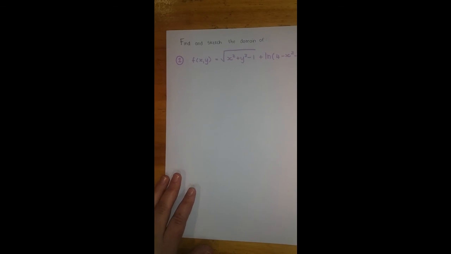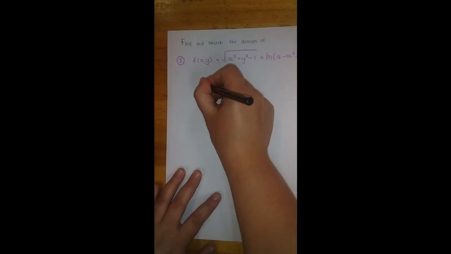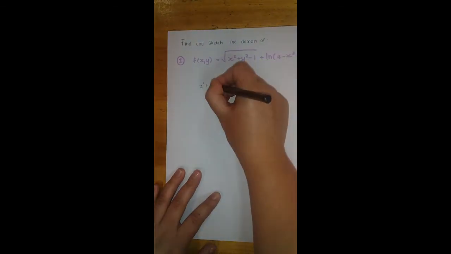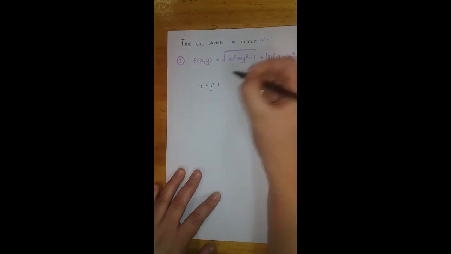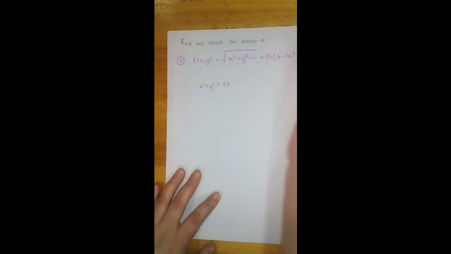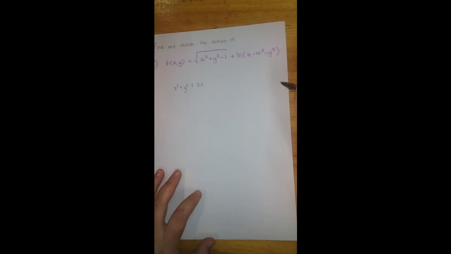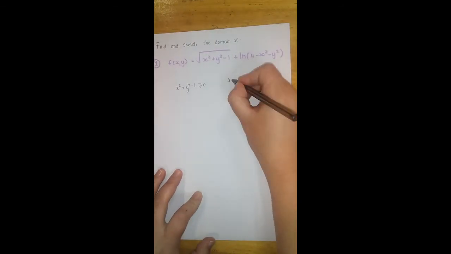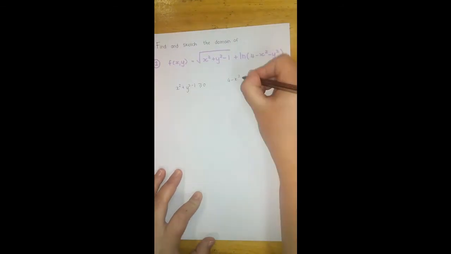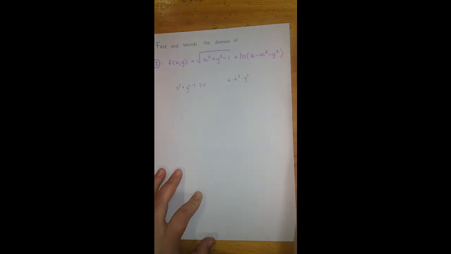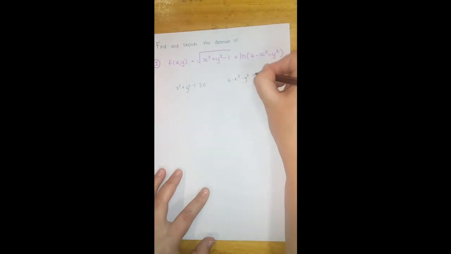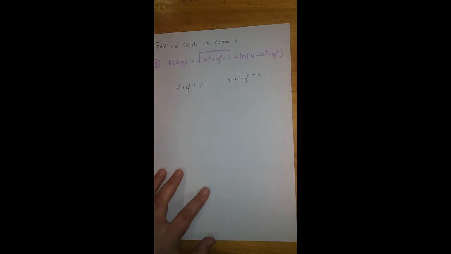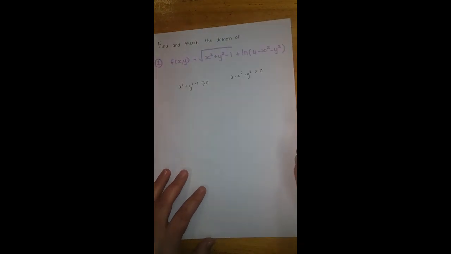So we know that x squared plus y squared minus 1 has to be greater or equal to 0. And we know that 4 minus x squared minus y squared has to be greater than 0. It cannot be equal to 0 or less than 0.